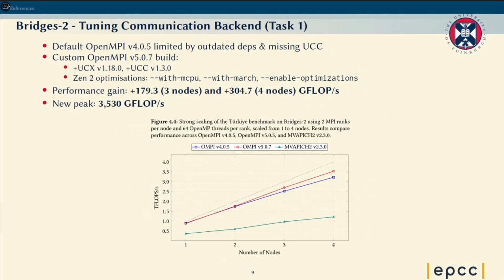Through our investigations as a team, we also found that the base OpenMPI implementation was not as efficient as we would like. It included outdated dependencies, and critically did not include UCC. So we built our own version of OpenMPI with a more recent version, as well as including UCC, as well as those 3 compiler flags that you see there to make sure that we generate the most efficient instructions for the Zen 2 architecture.